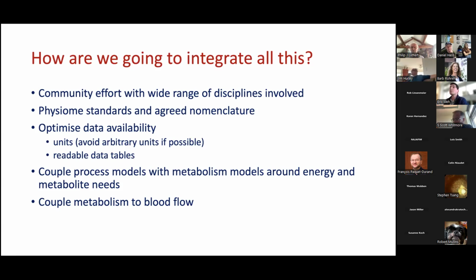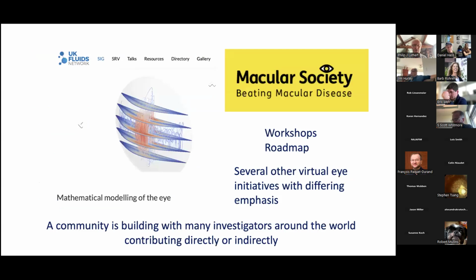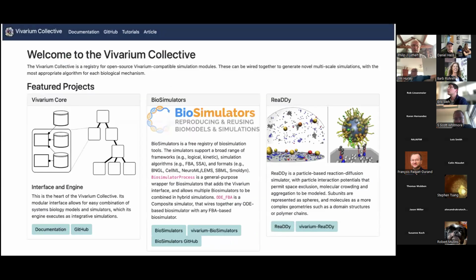Metabolism is at the heart of all of this, but we need to couple it to blood flow and what the tissue is up to. There are a couple of groups in the UK that are trying to push some of this forward with workshops and so on, but this is going to be a global effort, I think.